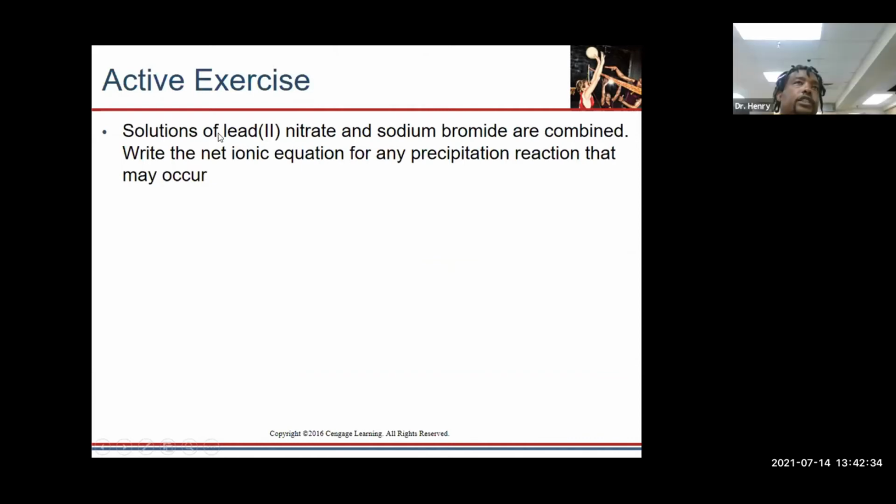A solution of lead 2 nitrate and sodium bromide are combined. Write the net ionic equation for any precipitation reaction that may occur.